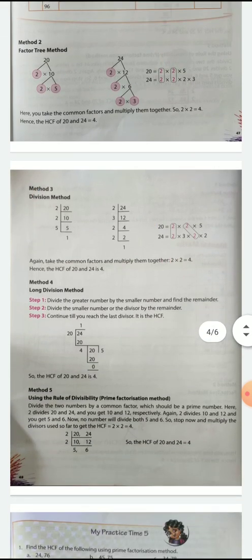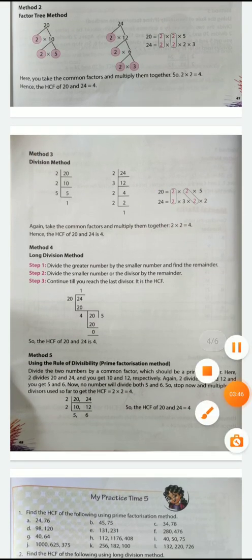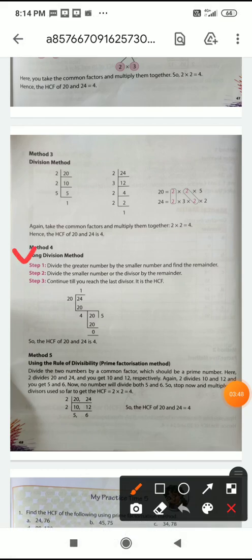Then method 4, the long division method. Here 3 steps are given, and we just follow them. First, divide the greater number by the smaller number and find the remainder. Here, children, we get remainder 4.